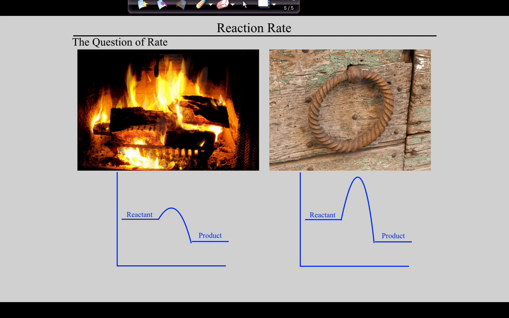Because iron is hard. It's all bound together and it's got to break apart in order to react. These things are so tightly bound together that this stuff doesn't want to blow apart, so it takes a lot of energy to get it to blow apart and turn into rust. And for all of these reasons, wood reacts faster than iron does with oxygen.